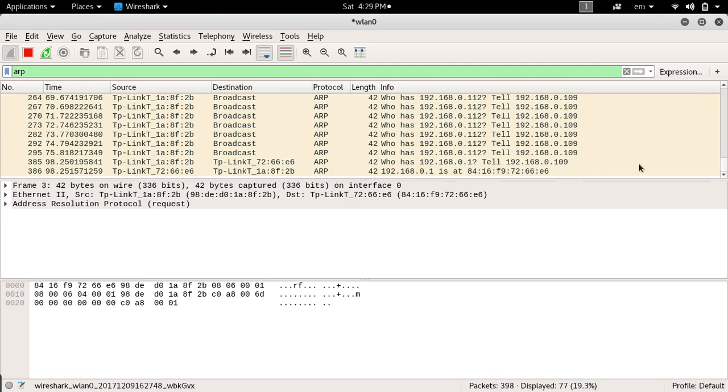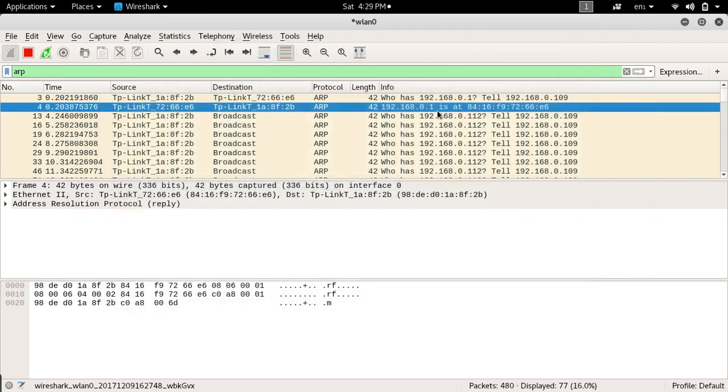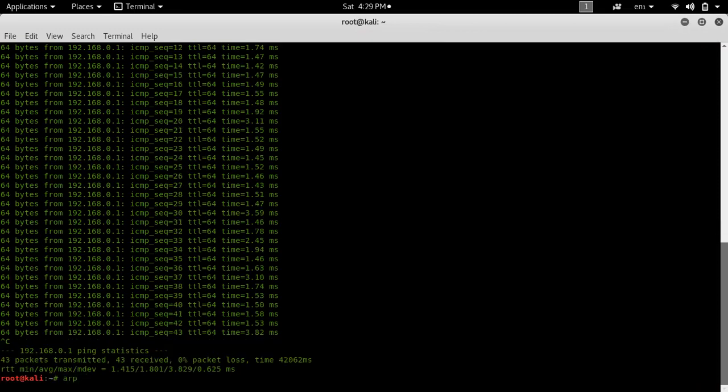Why is that? Because in my ARP cache table, I already knew the corresponding MAC address of this IP address, since I had already sent a packet to 192.168.0.1, and it got updated in my ARP cache table, as you can see here with arp.